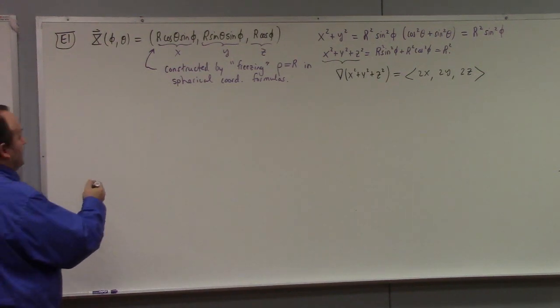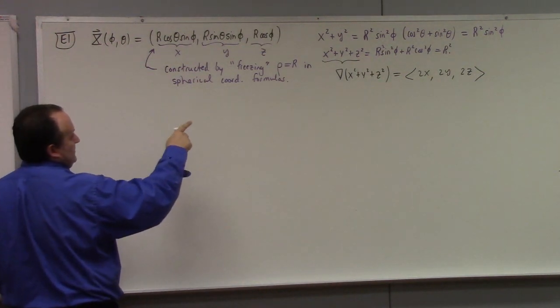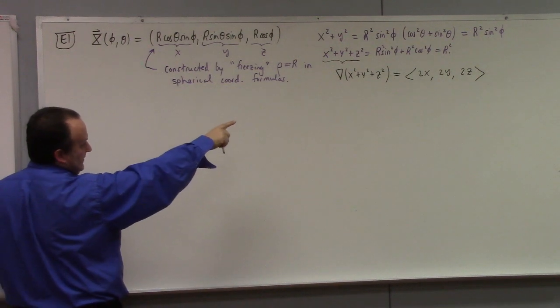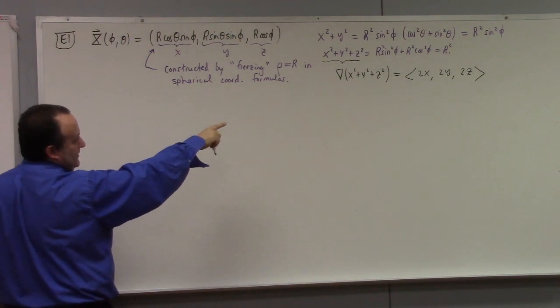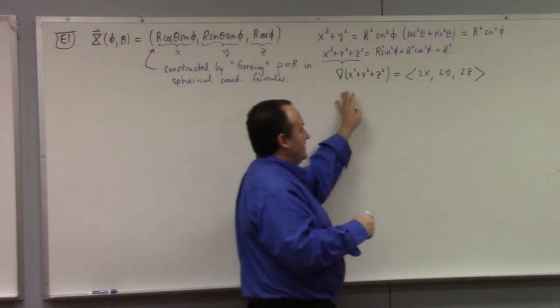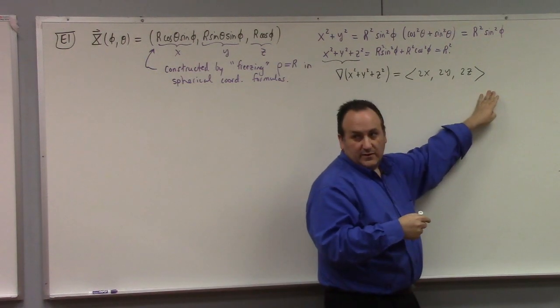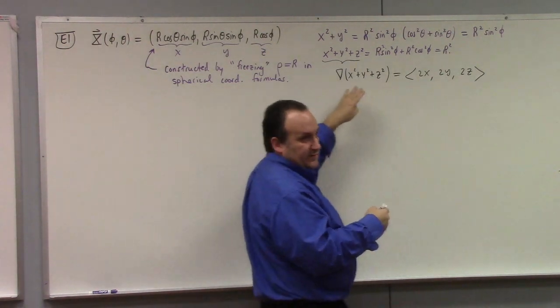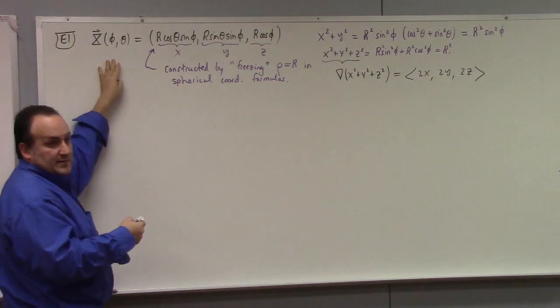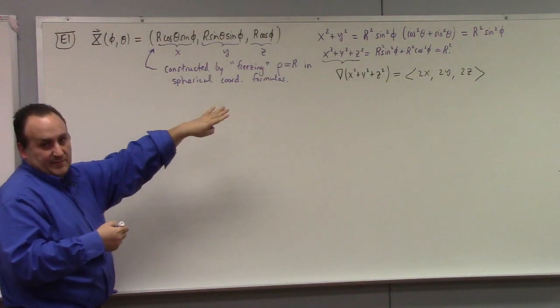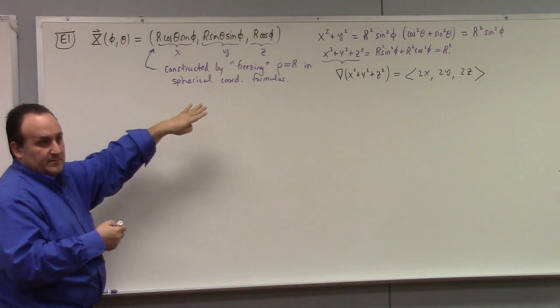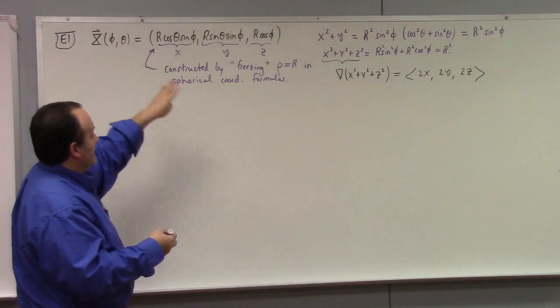Let's go through it. We're expecting something like this, but it's going to look really different when we do it in terms of these formulas over here. Let's keep that in mind as an end target as we're calculating.